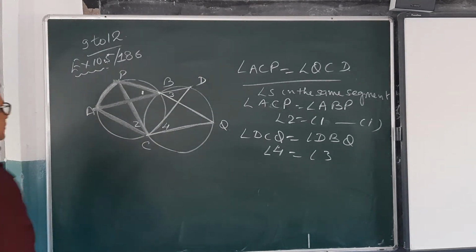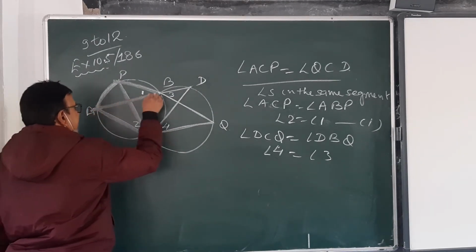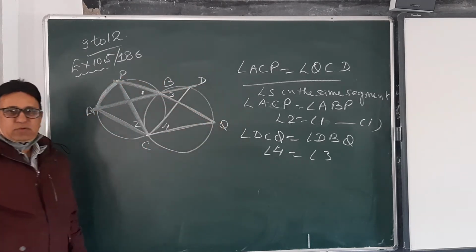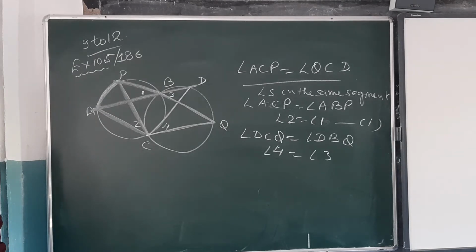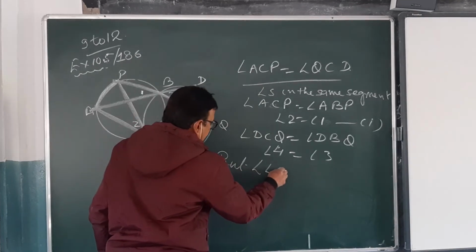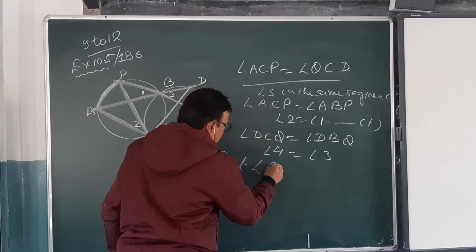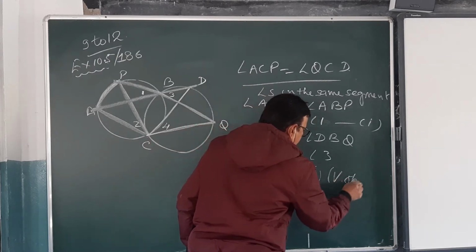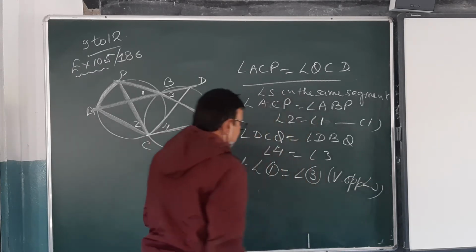Clear? Now what you see, these are vertically opposite, very good. These are known as vertically opposite angles. We know angle 1 equals angle 3, vertically opposite angles.